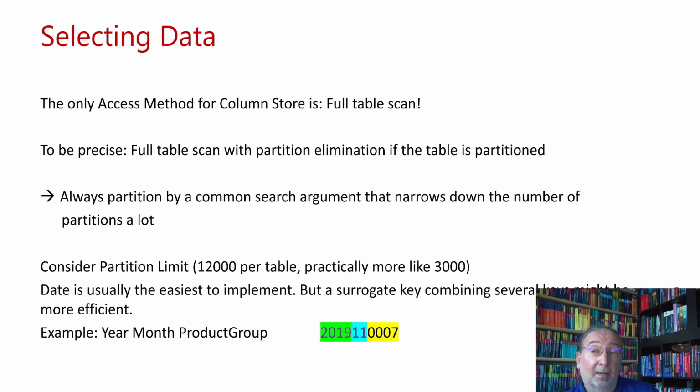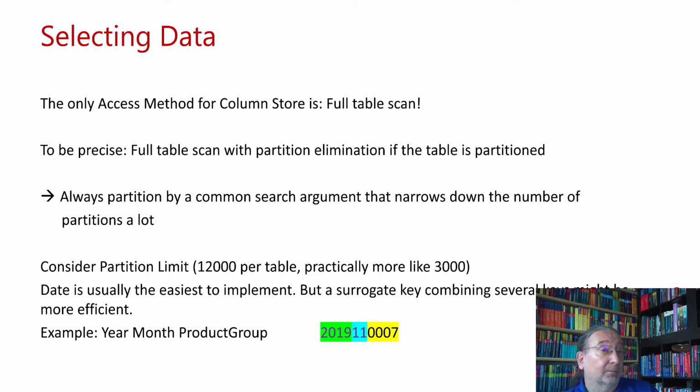Again, a little trick that I use. The idea is to have roughly 3,000 partitions, 2,000, 1,000, somewhere in that range, so that when you filter on it, the majority of the data does not get scanned every time.